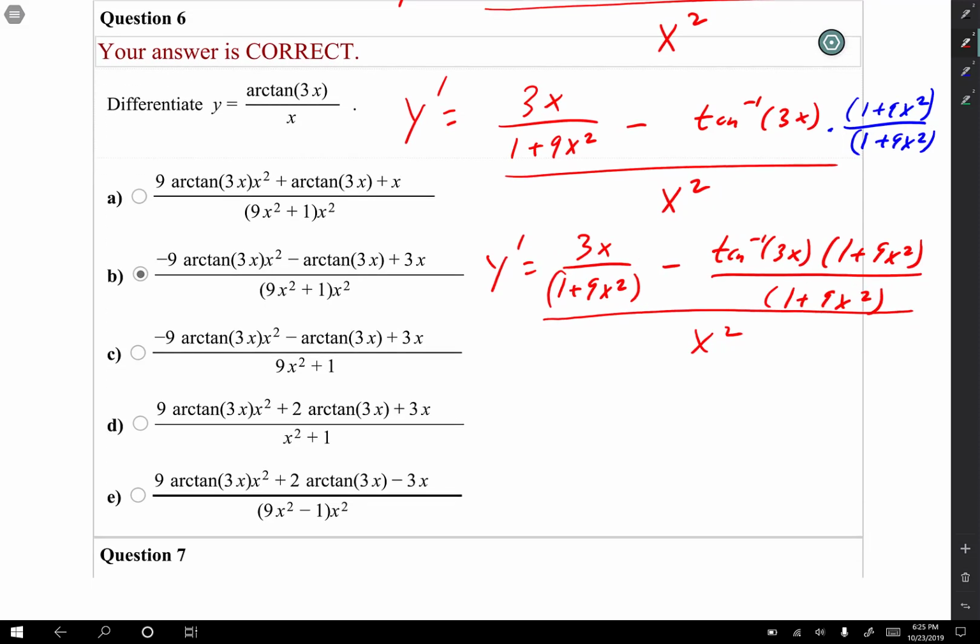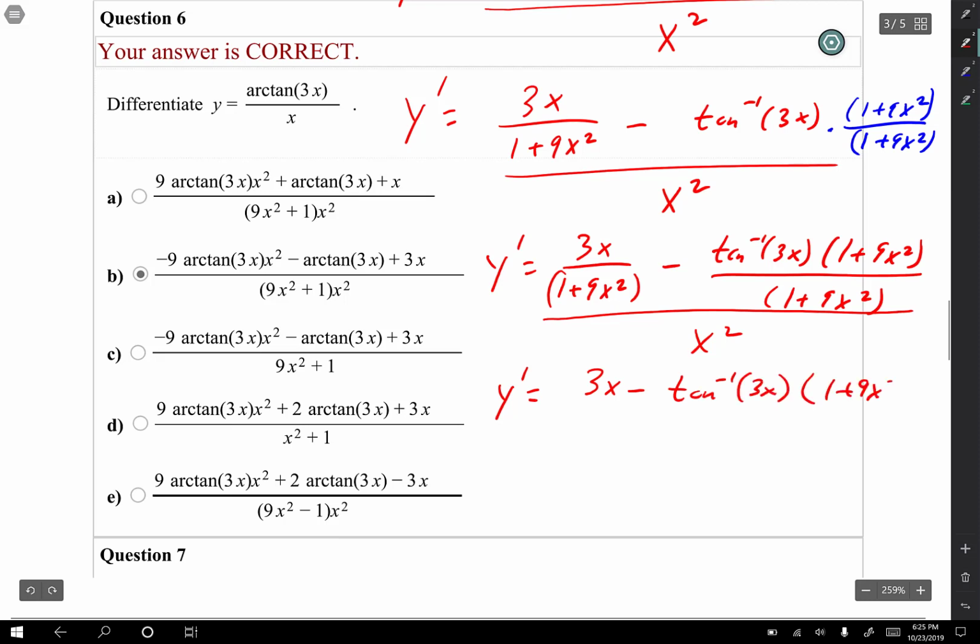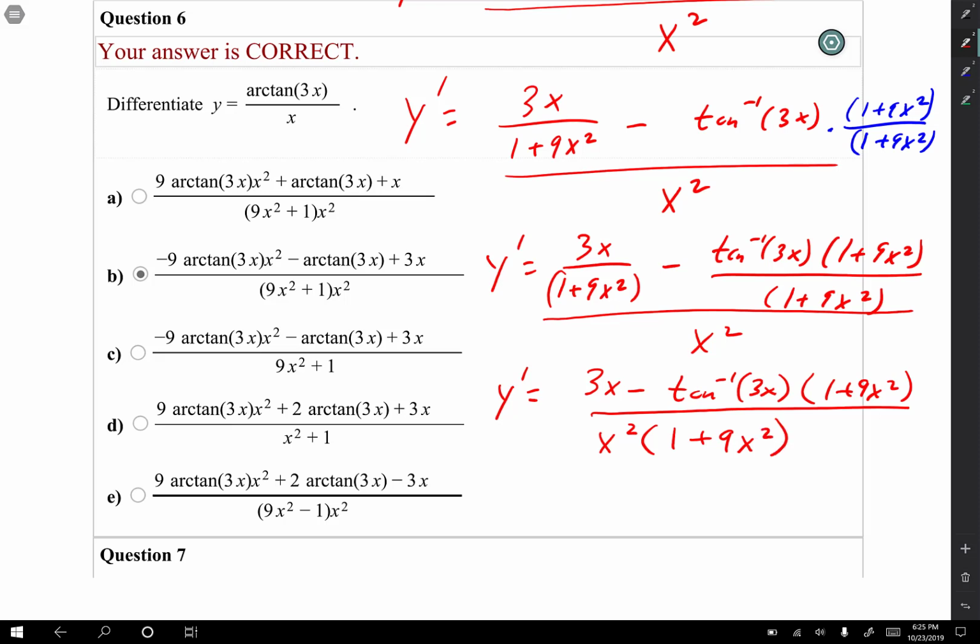And I'm going to slide the x squared below. So I'm going to do it like this, guys. 3x minus arctan of 3x times (1 plus 9x squared), over, and I'll put the x squared first, x squared times (1 plus 9x squared). In case you're wondering why that x squared is there, it's that keep, change, flip deal.